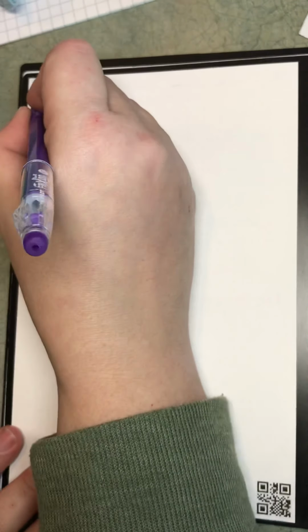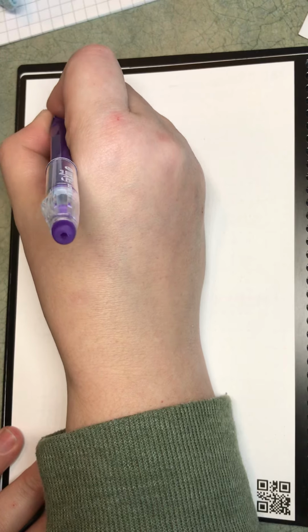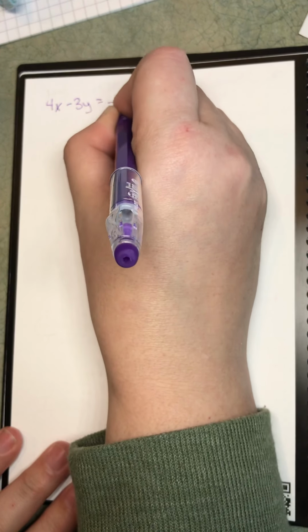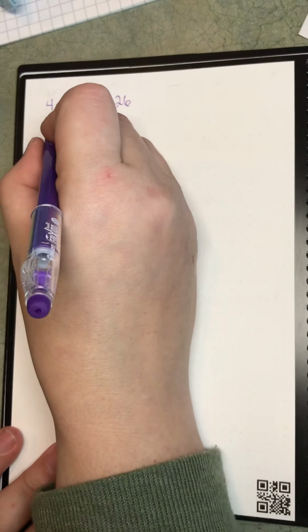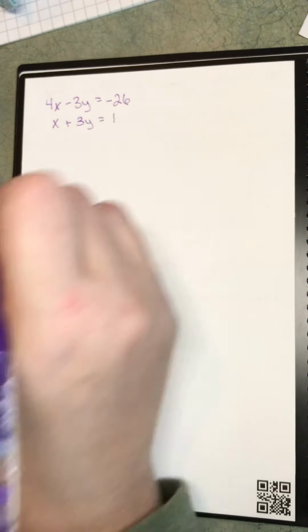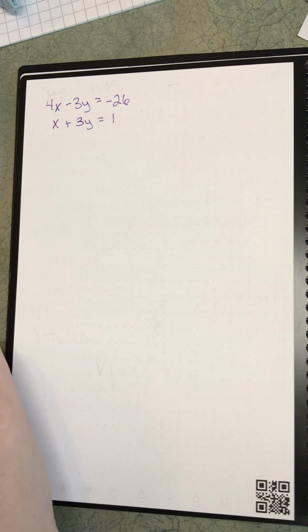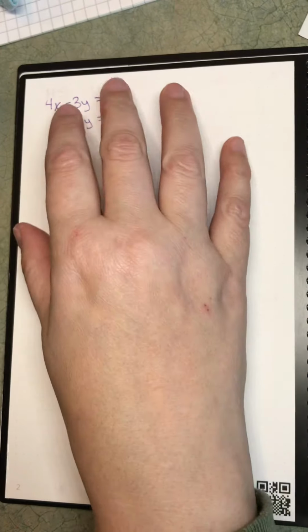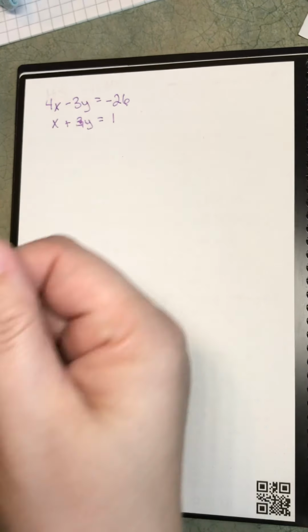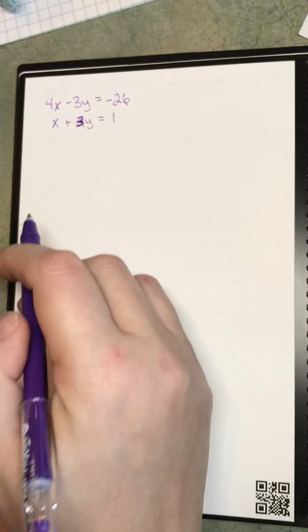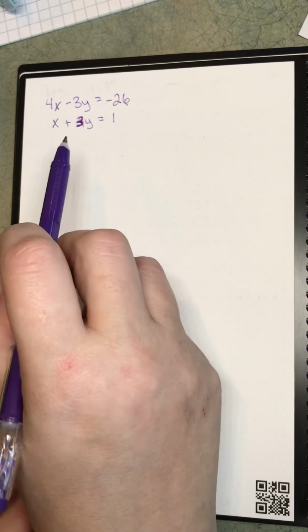So now we have 4x minus 3y equals negative 26, and we have x plus 3y equals 1. All right, so again, I want these two equations to add or subtract so that I can eliminate one of my variables, either the x or the y.